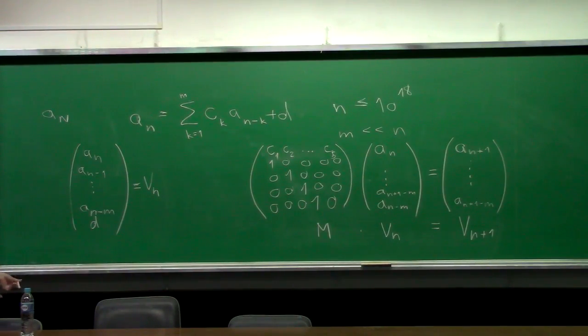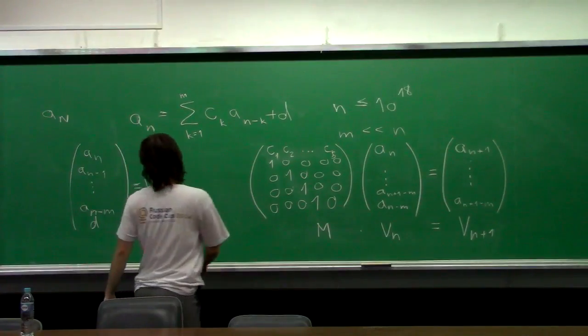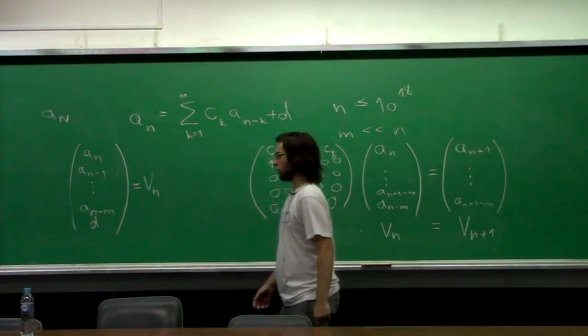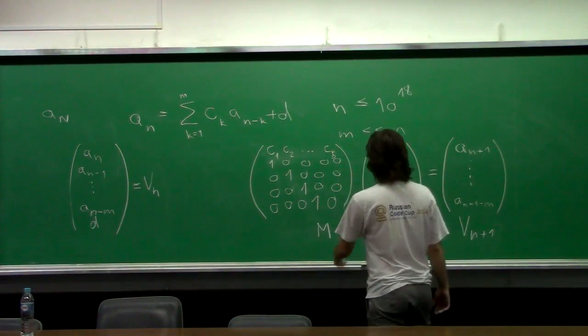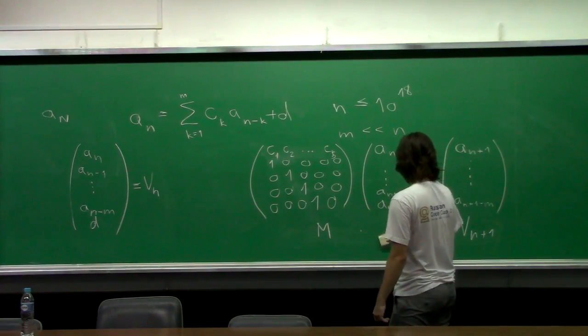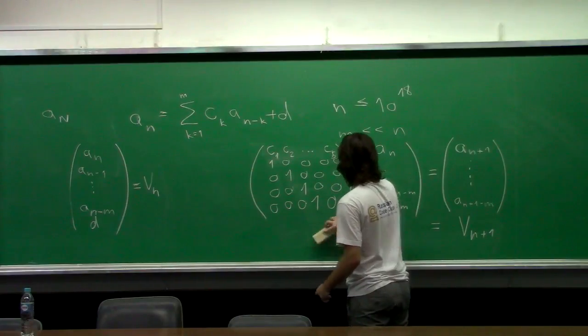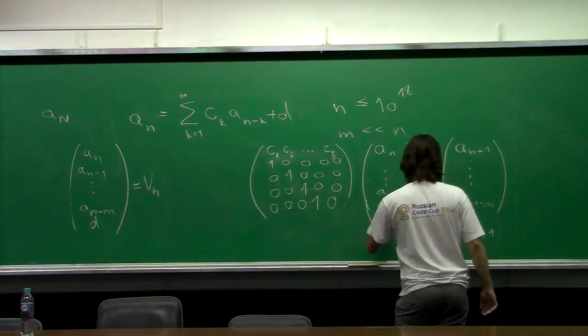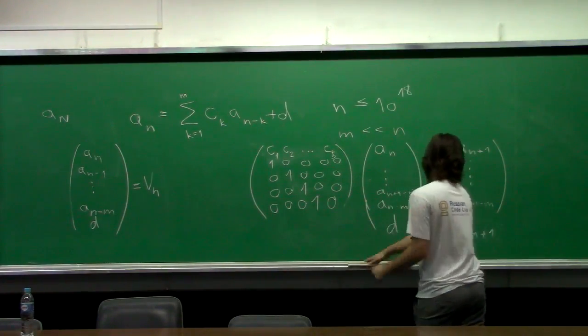The advantage of this is that this number is constant at the bottom of every vector, so when we extend this matrix M, we would want d here.